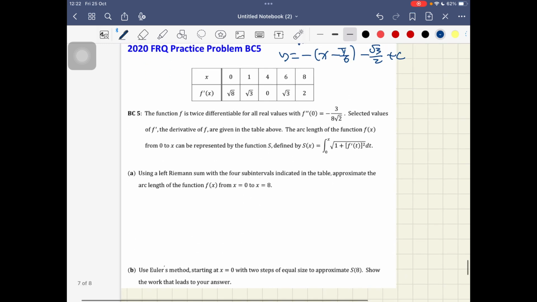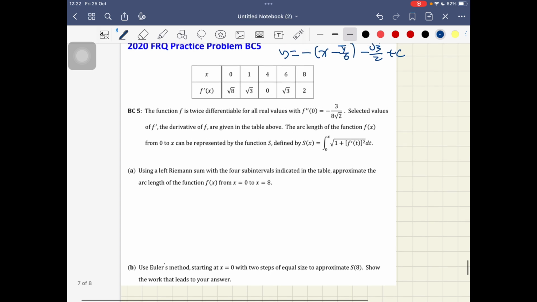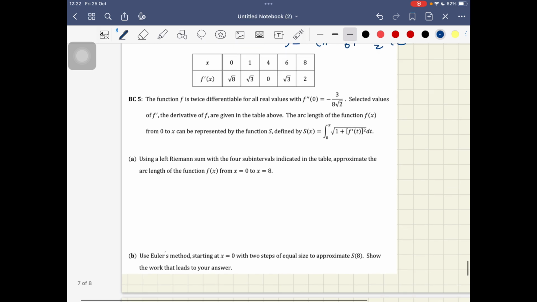Number 20, BC5. Twice differentiable function, f double prime of 0 was negative. Left Riemann sum with 4 subintervals for the arc length from 0 to 8. So the integral from 0 to 8 of the square root of 1 plus f prime of x squared dx. We can use 4 subintervals and a left Riemann sum.